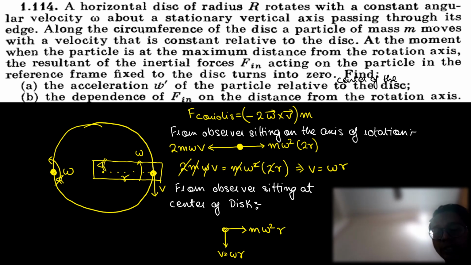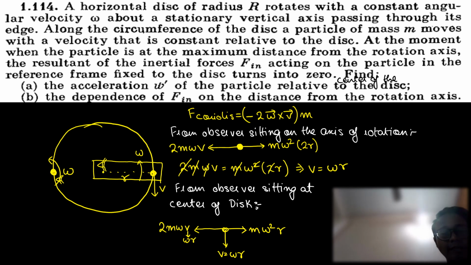Similarly, the Coriolis force is nothing but 2m omega v. Fair and fine. What is v out here? V is nothing but omega r.